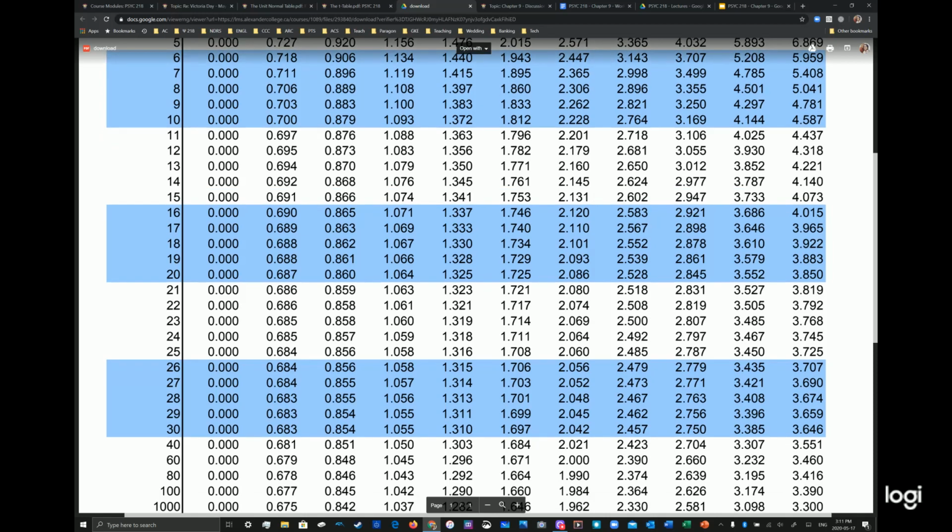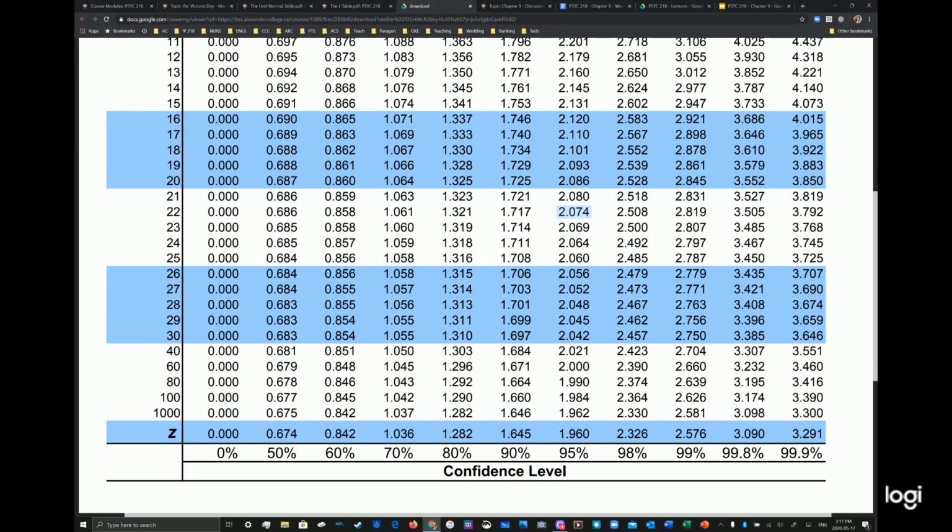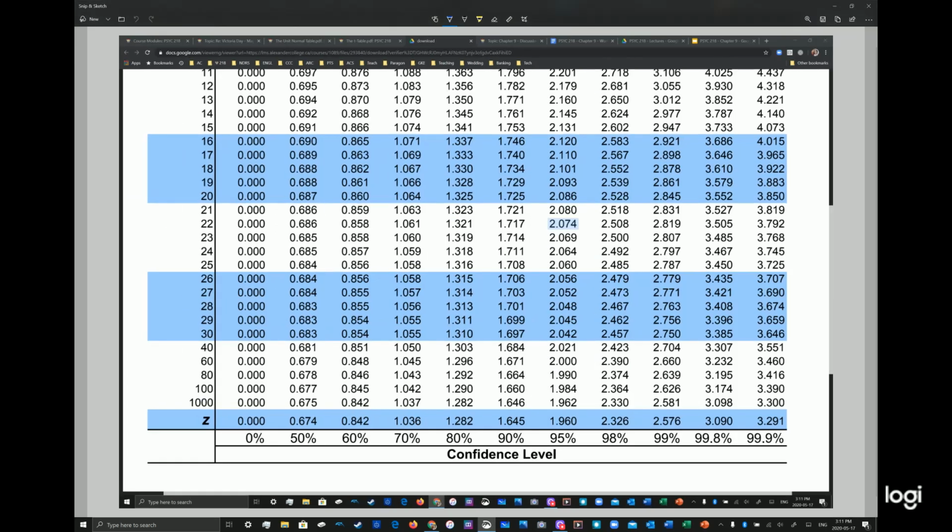As you can see, as sample size increases, you're going to get a smaller critical value. Remember, this is the column for a two-tailed test where alpha is at 5% overall, so each tail would have 2.5%.